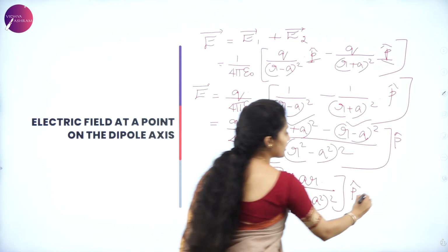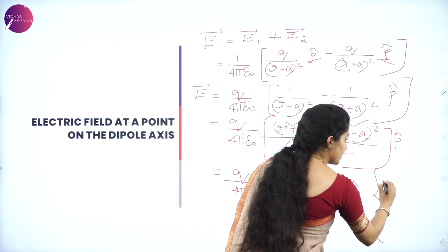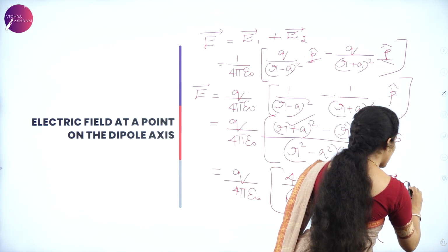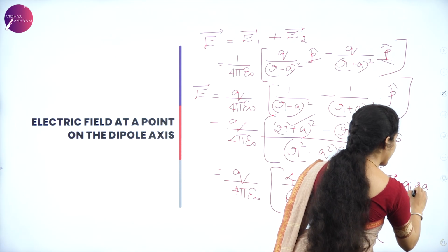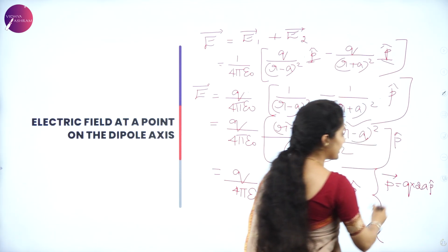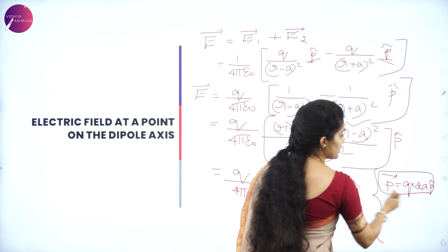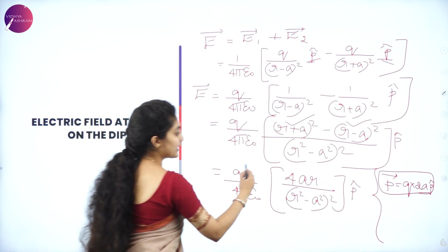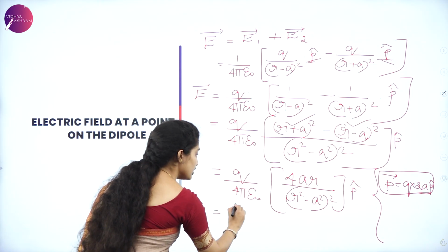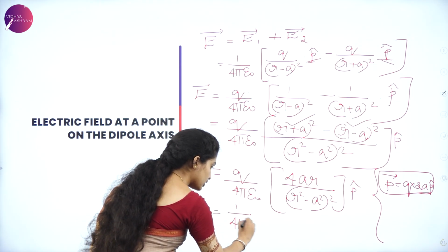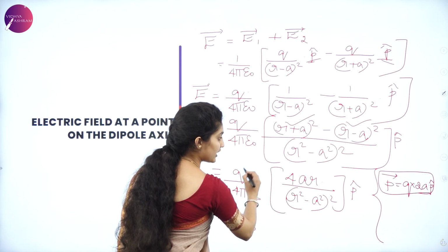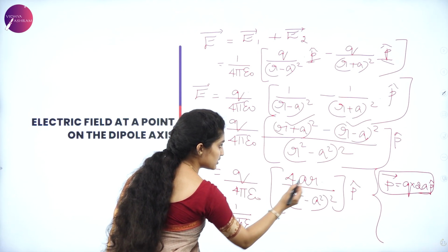So you know that dipole moment P is nothing but charge Q into 2A with P cap. So this is your dipole moment. The same dipole moment can be introduced here: 1 by 4 pi epsilon naught, and Q, 2 from the 4, and A give Q into 2A, which becomes the dipole moment.